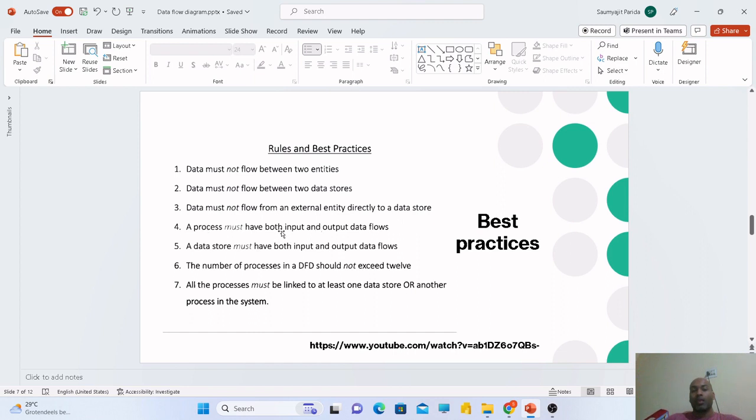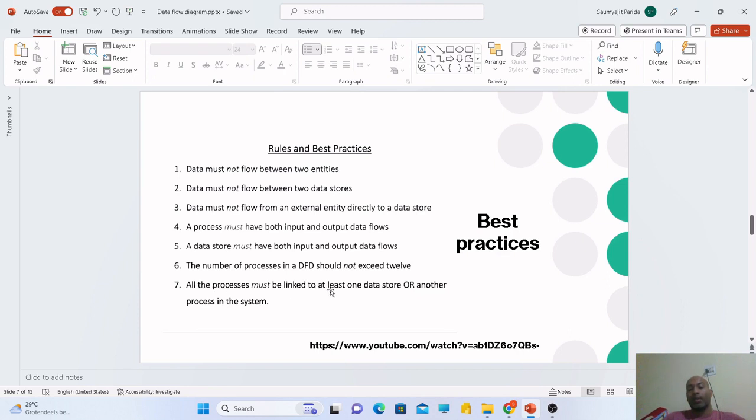A process must have both input and output. A data store must have both input and output. The number of processes in a data flow diagram should not exceed 12. I also disagree with this, because if it is a large scale project, then yes, it will exceed 12.